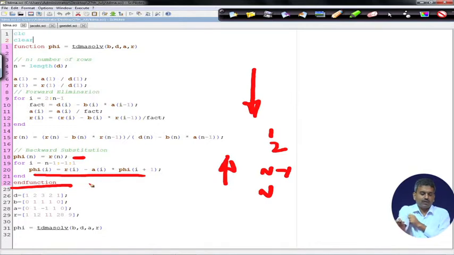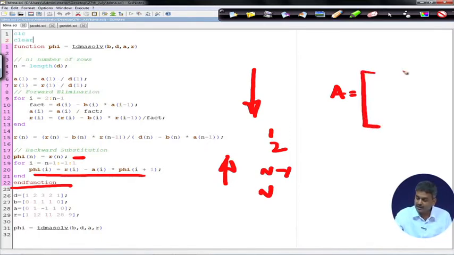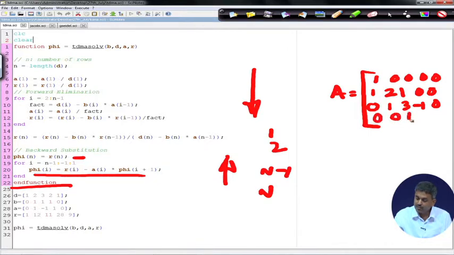Now, how to store it? In our LU and Gauss elimination you have seen that we stored the matrix like this: 1 0 0 0 0, 1 2 1 0 0, 0 1 3 minus 1 0, then 0 0 1 2 1, and 4 zeros and 1.